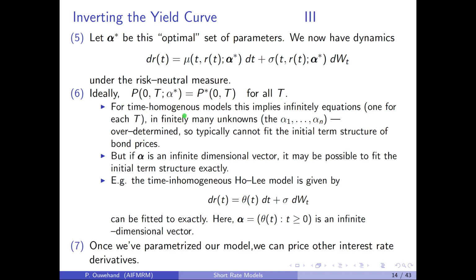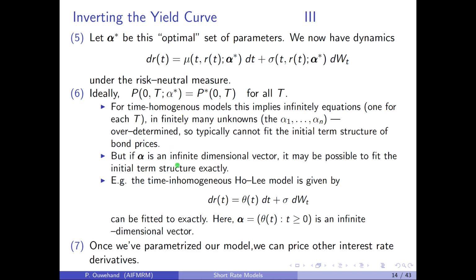For time homogeneous models, this implies infinitely many equations, one for each t, in only finitely many unknowns, namely the alpha 1 up to alpha n. For the Vasicek model, for example, we have 3 parameters that need to be determined, but we may have the values of zero coupon bonds going out 30 years. Such a model is usually therefore overdetermined and typically cannot fit the initial term structure of bond prices.